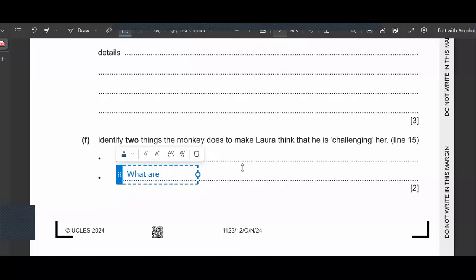What are you going to do about it? As the question was explicit and we were required to use the details from the text, and if we have lifted the same exact words, yes, it is acceptable. We will be awarded 2 out of 2.